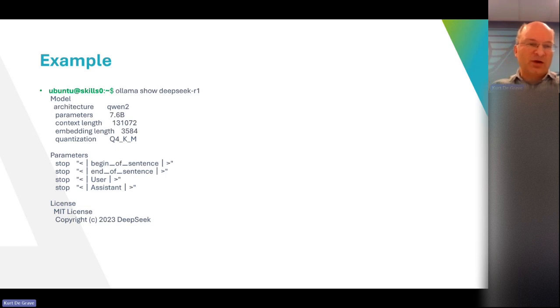So this is an example of real output. If you ask it to show details about DeepSeek R1, if you have that installed, then it will tell you this information.